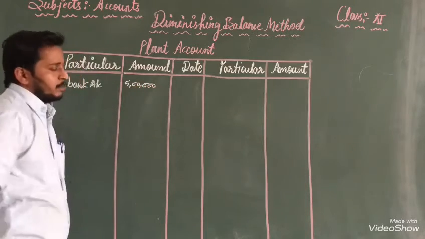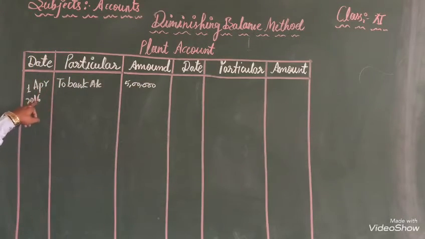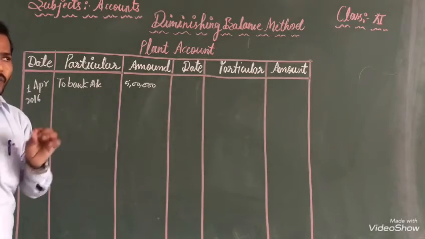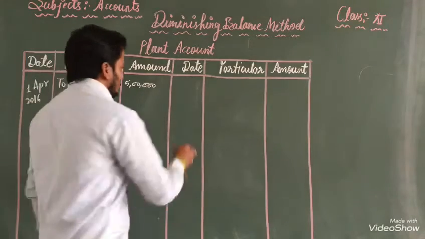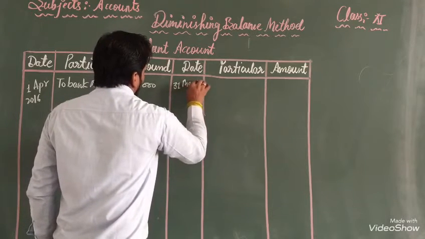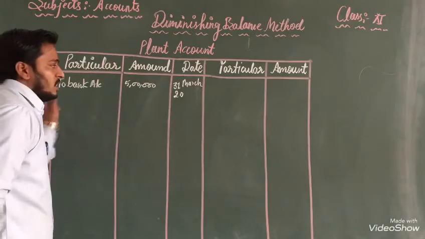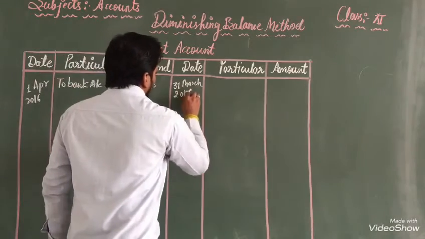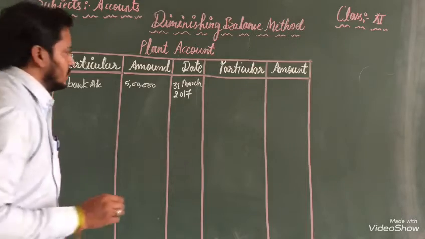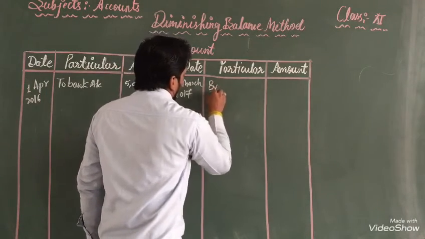So dear students, be careful: machine purchased on 1st April 2016 for 5 lakhs. Now we are going to calculate depreciation on 31 March 2017, and the depreciation rate is 10%.